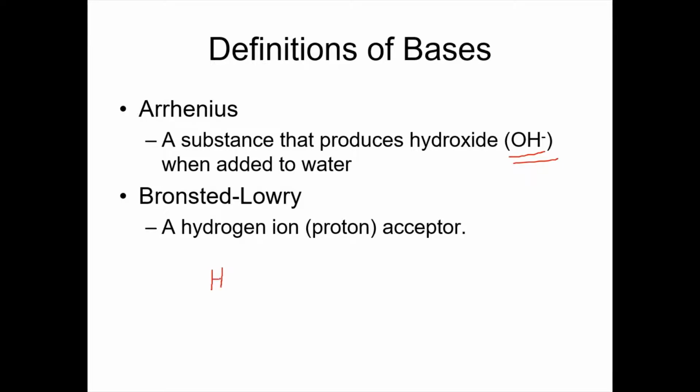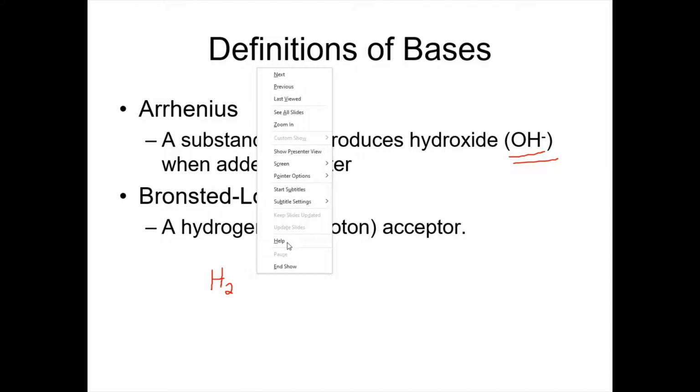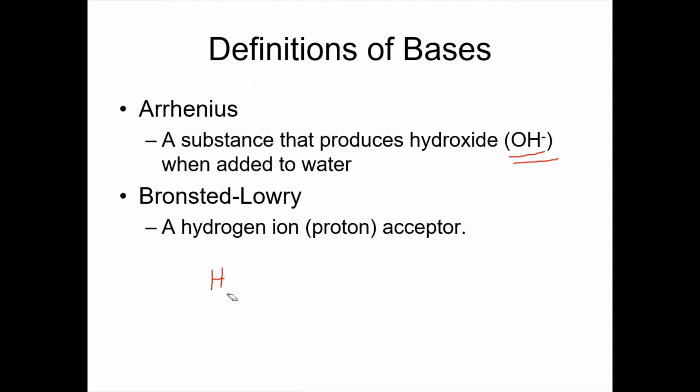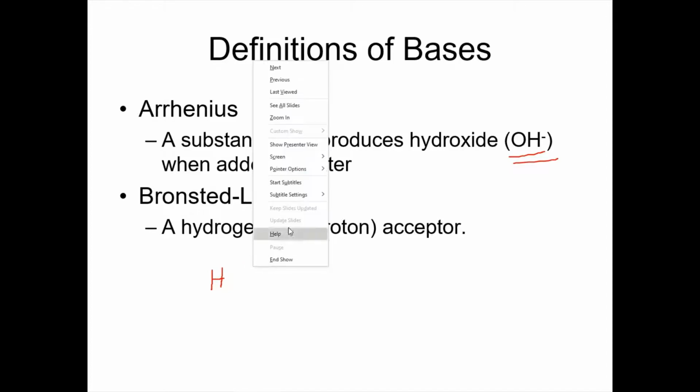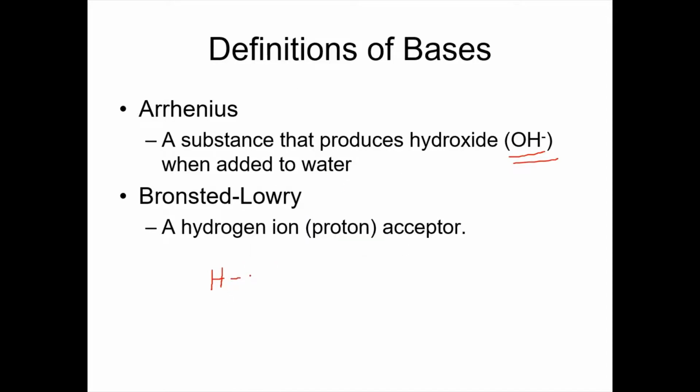So let me go ahead and write that out. Actually, I'm going to get rid of that and go back over here. And I'm going to write it not as H2O, but HOH. This is H2O, right, as a structural formula.